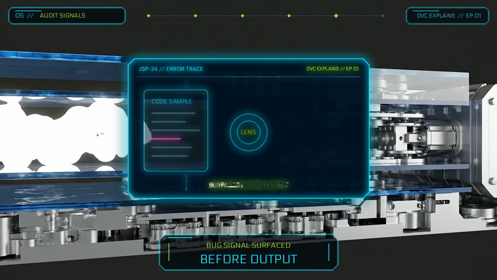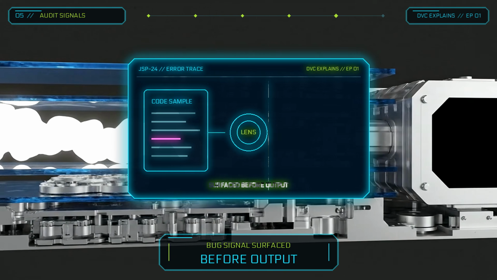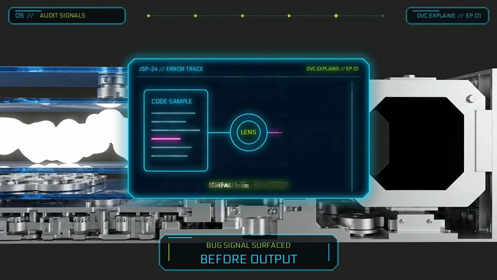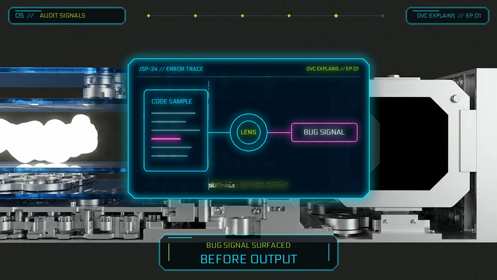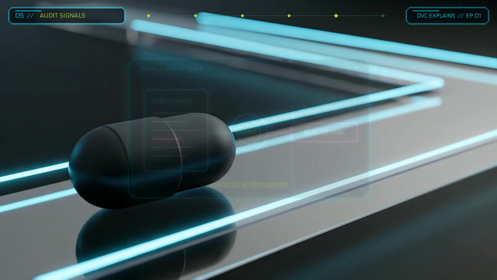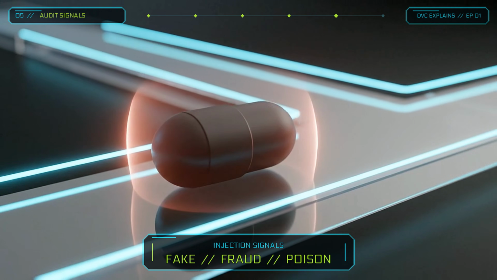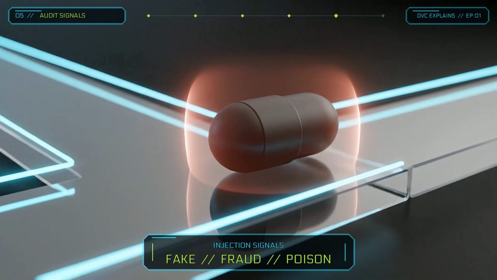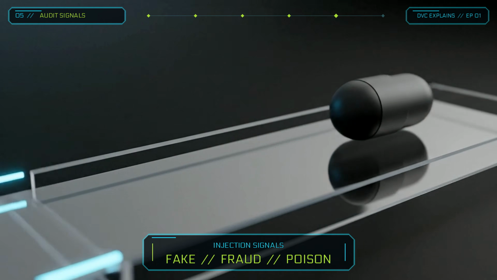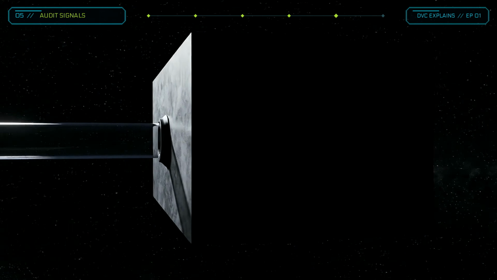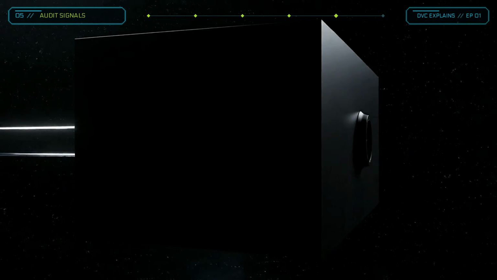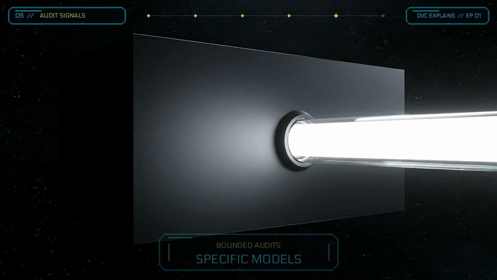The lens also surfaced report relevant internal features in other examples, including a bug in code the model was asked to inspect. In one prompt injection case, the readout surfaced fake, injection, fraud, and poison before output. Output alone would not reveal all of those intermediate signals.